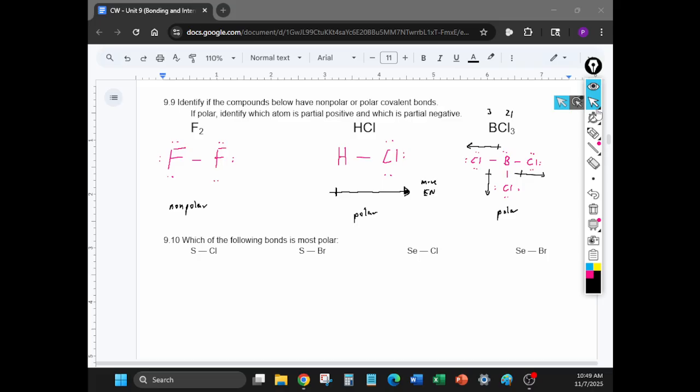All right, I'm going to have you try 9, 10, but before we do that, I need to tell you one more thing. It's not just polar and non-polar. There are degrees to polarity. There can be more polar bonds and less polar bonds.